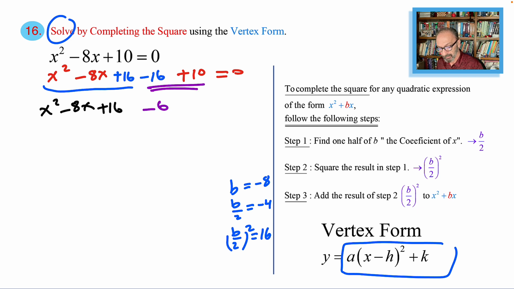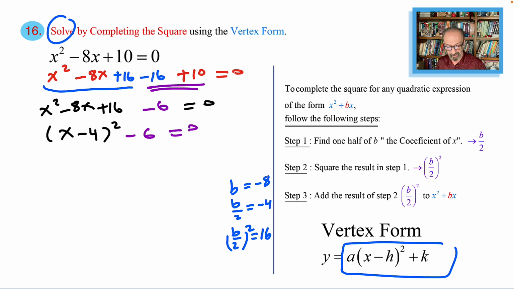These two will make a minus 6 equals 0. The three terms on the left in black, it's a perfect square trinomial, simplifies or factors to x minus 4 to the second. One more time. That is the vertex form.